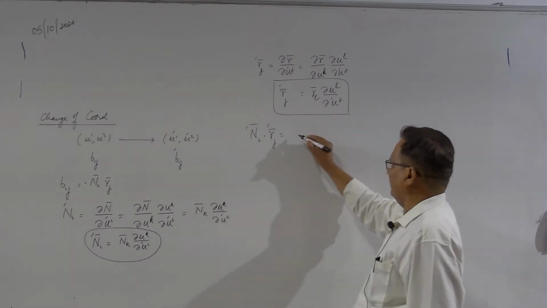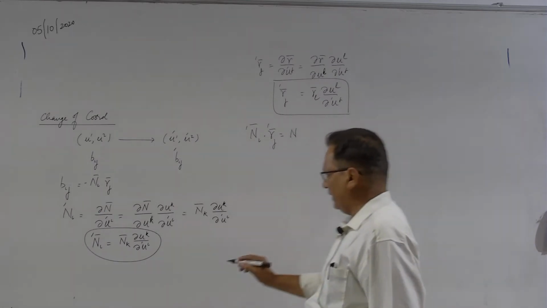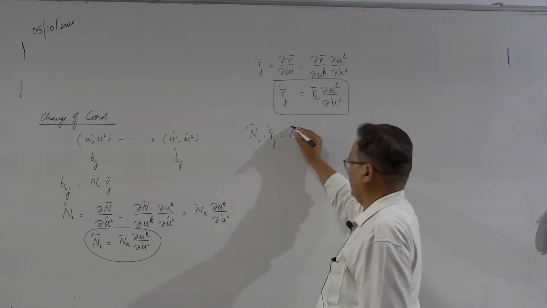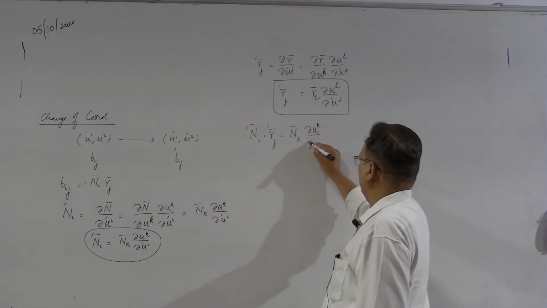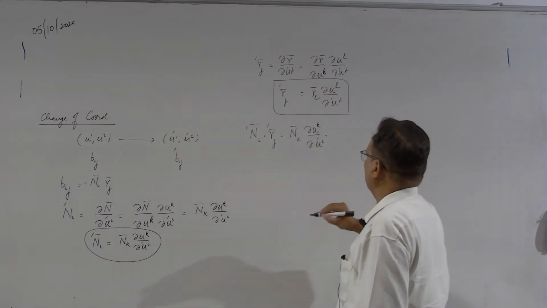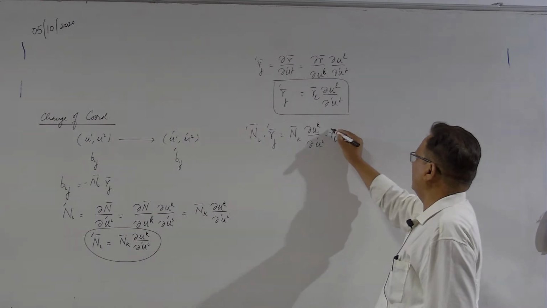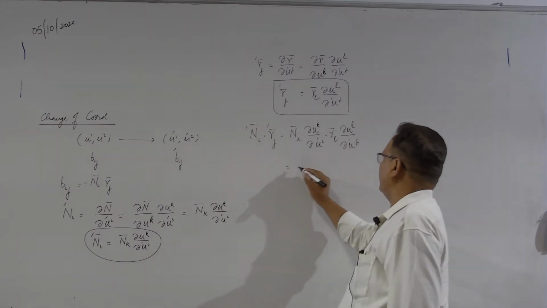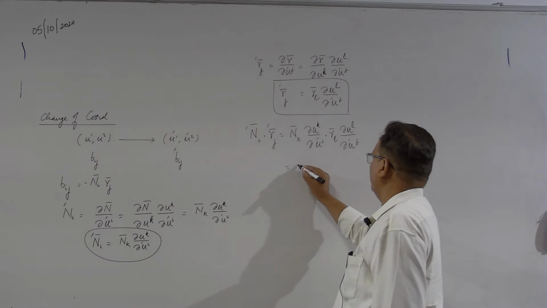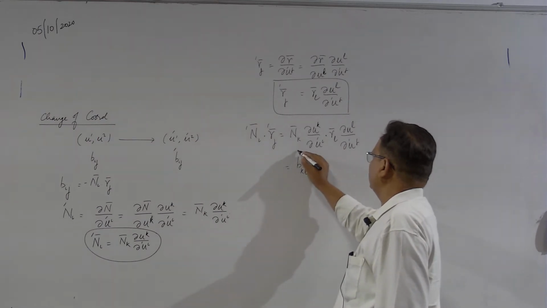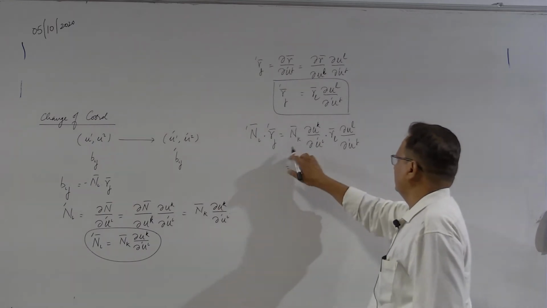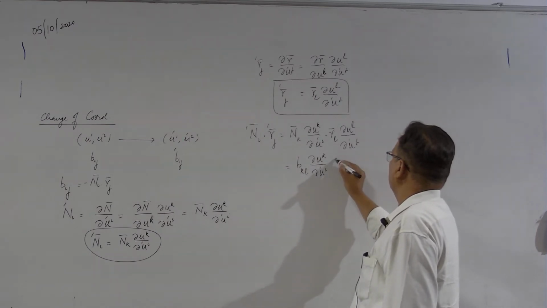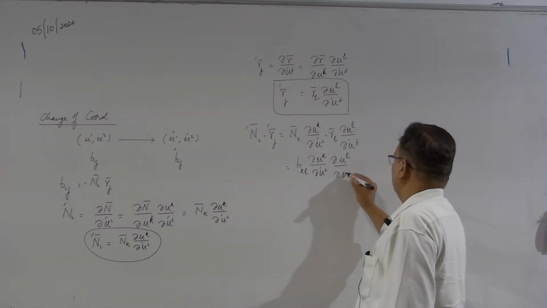Writing down the values, I get n_k into del u_k upon del u_i dash, dot r_l into del u_l upon del u_j dash. So, n_k dot r_l will become b_kl in the undashed system, into del u_k upon del u_i dash, del u_l upon del u_j dash.